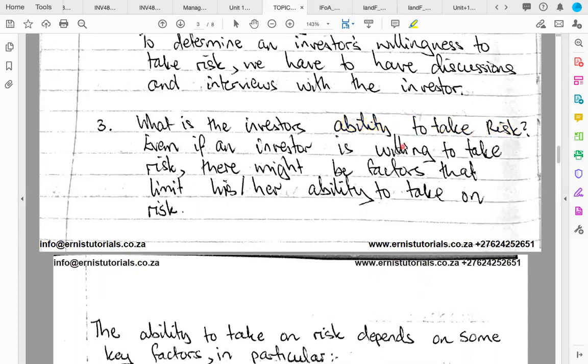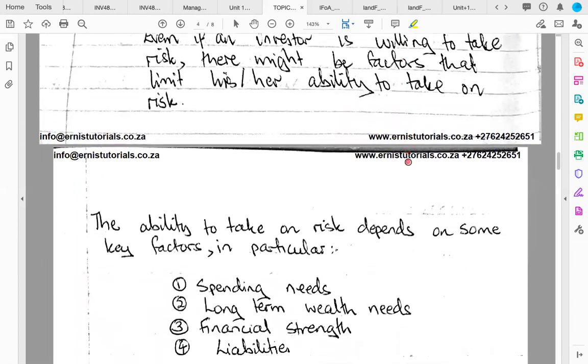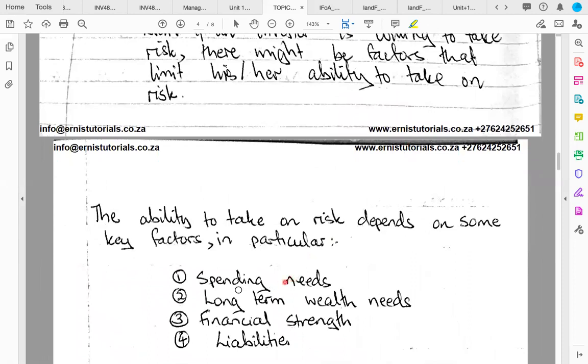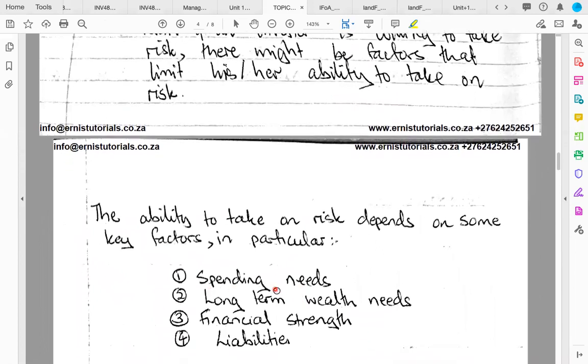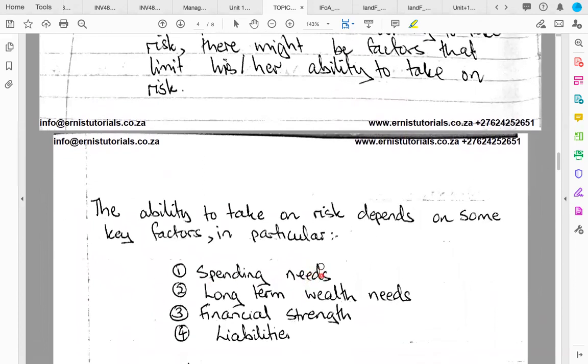Now, the ability to take risk with regards to an investor depends on their spending needs, their financial strength, their long-term wealth needs, and their liabilities. You might find that if you have an investor who has very low spending needs, they don't have a lot of money they need to spend regularly. They have a lot of financial strength.